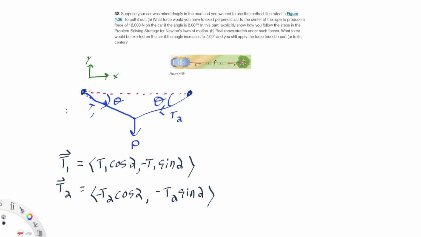And when we apply Newton's second law, we can only apply it on one location at a time. So we actually have to be careful and decide which location are we going to be applying Newton's second law at. Are we going to be applying it at the car, at this point here where P is applied, or at the tree stump?